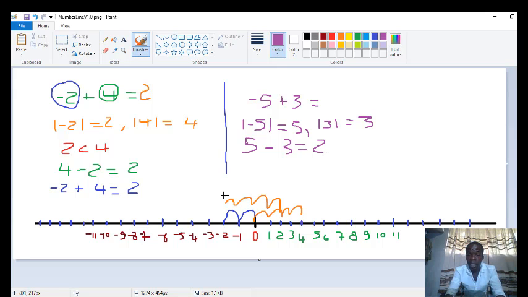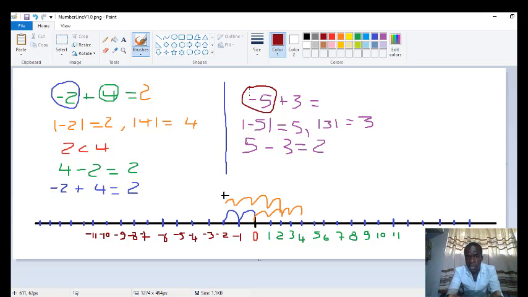Then we said the sign of our sum, which is 2, will be the sign of the greatest or the larger absolute value. Our larger absolute value is 5, and the sign of 5 in our operation was negative. Then we had negative sign. Then -5 is less than 0 because it is placed to the left of 0. And the sign of the number is the negative sign.